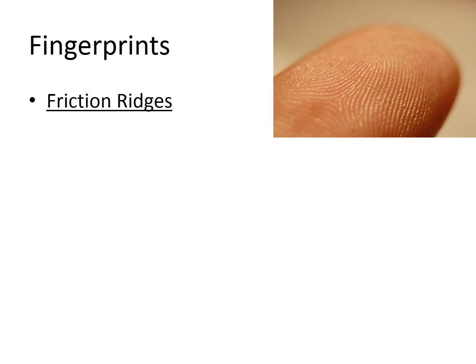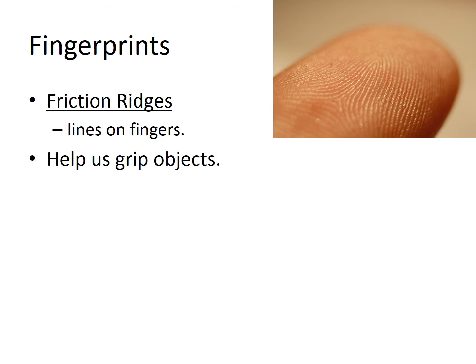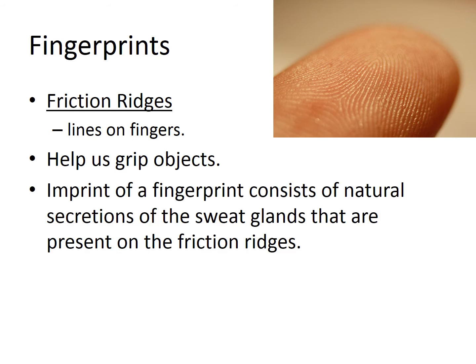Fingerprints are technically called friction ridges. Basically, we've evolved to have fingerprints because we need that friction if we're going to be picking up things. It makes it a whole lot easier if you have fingerprints. So they help us grip objects, and the imprint of a fingerprint has secretions that are made by sweat glands and pores that are present on the friction ridges.